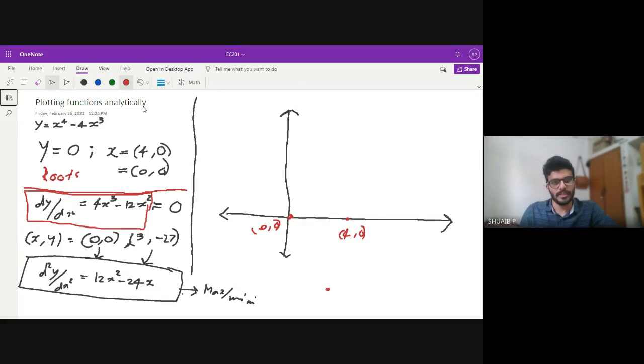So we get some idea of this function. We got the function to have a minima here, and the logical thing to do would be to connect it.